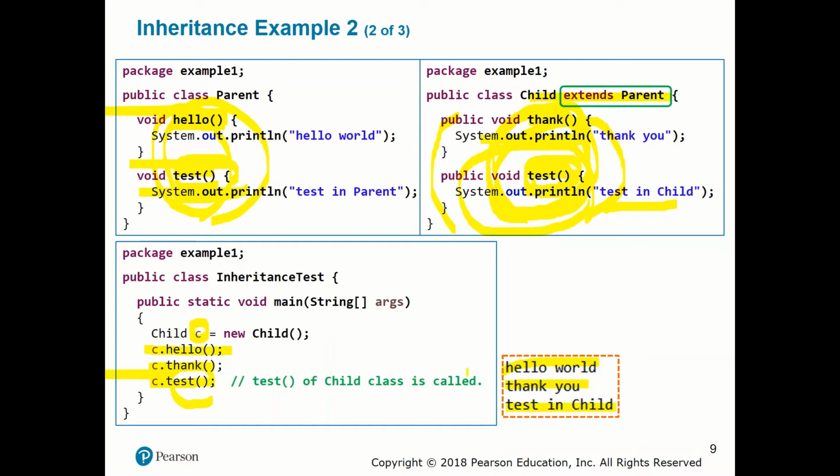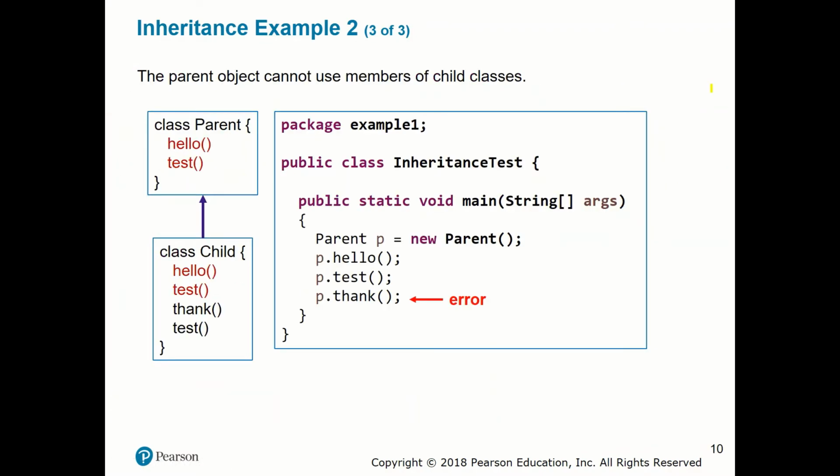And as I told you in the previous page, if you want to call this one, you need a special keyword super. Okay, so I'll explain that later. The parent object cannot use members of child classes. So for example, parent has these 2 methods, and this is a child class, inherits from parent class.